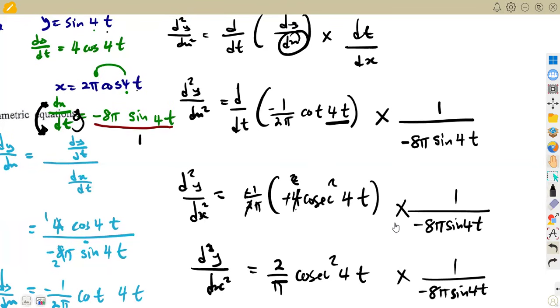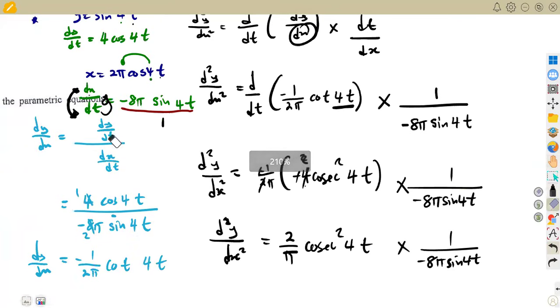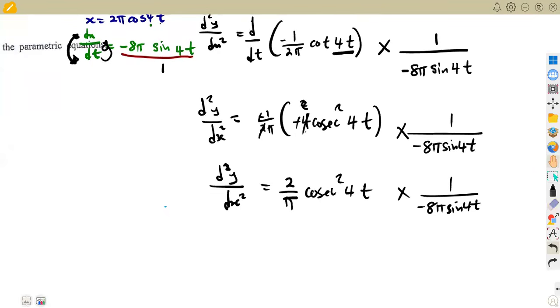That is what we are supposed to have, but we can simplify further. We can combine everything at once, because this is just like over 1, so you can multiply the numerators together. Let us multiply these together here: 2 here, that's a 1; 2 here, that will be a negative 4.